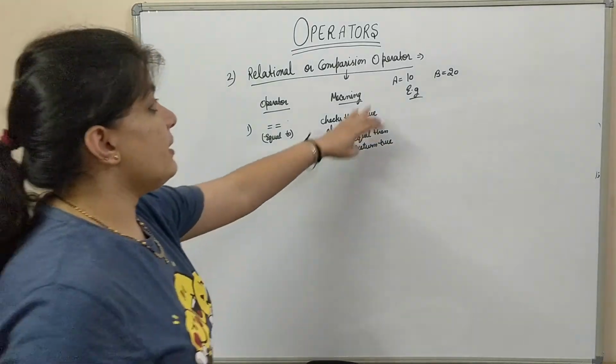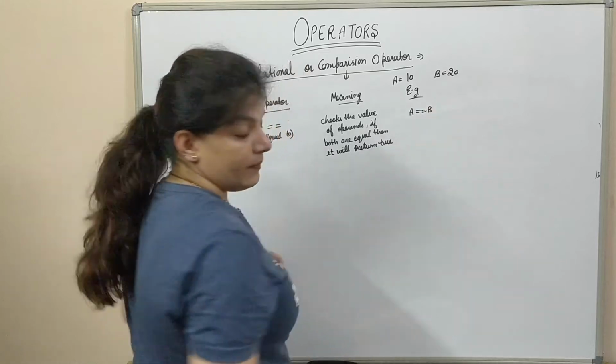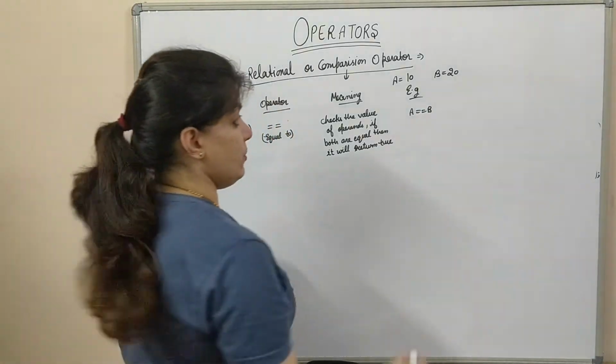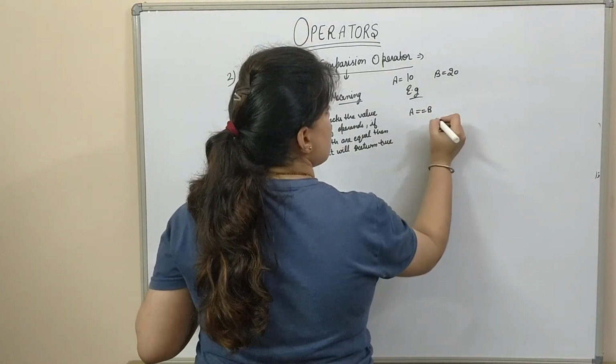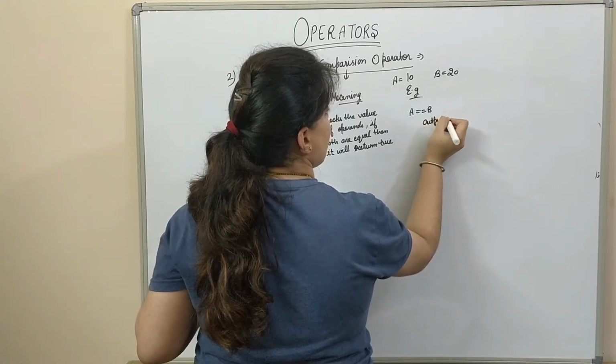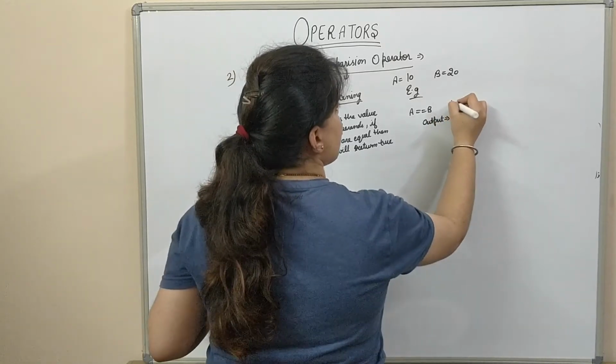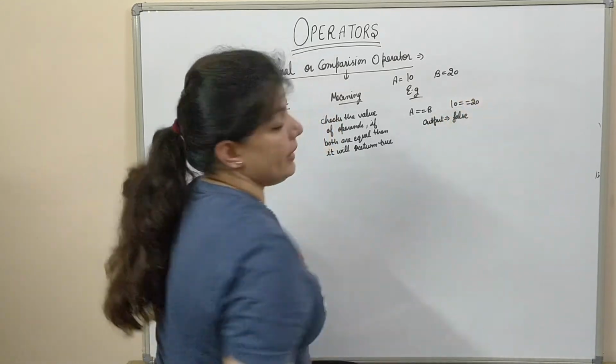Here if I check A is equal to B, is it true? No. So the output for this will be false, because 10 is not equal to 20.